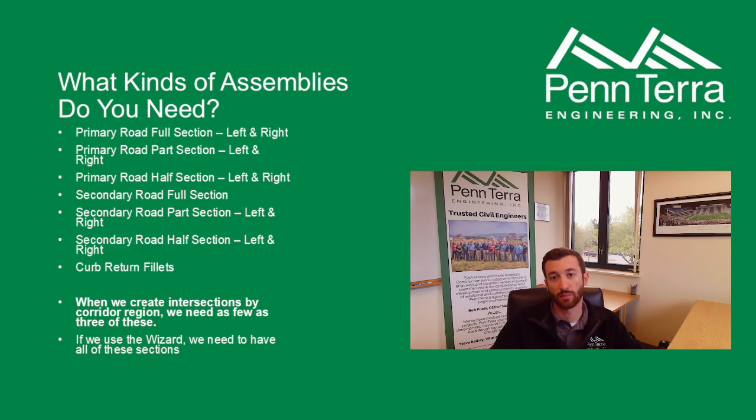So speaking of assemblies, this is a list of all of the assemblies that you could need when you create an intersection. When you use the wizard to create it, you would need every single one of these in your drawing. So that would be a total of 2, 4, 6, 8, 10, 11 assemblies that would need to be customized and created just to make one intersection.